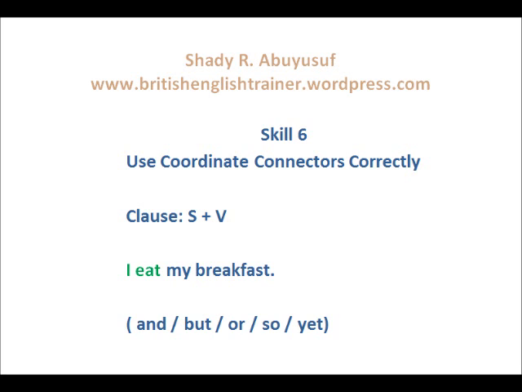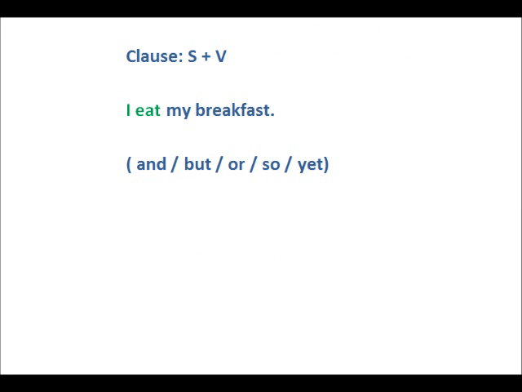What is so amazing about these connectors is that they can't be used in the beginning of the sentence. They've got to be used in the middle of the sentence, which means between the two clauses. They have to come between the two clauses. Now let me give you an example here. Look at this one.